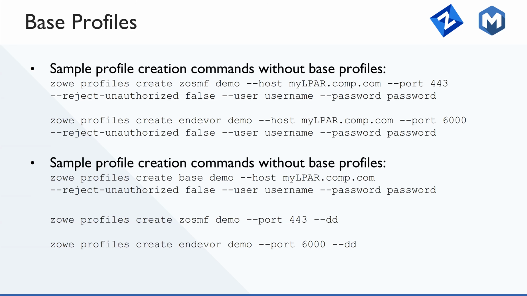But below, I show that I could specify most of that information just as part of the base profile, and then specify only the different information in each one of my service profiles. It makes managing this information a lot easier because when you have to update things like username and password, I then only have to update one profile rather than 10, 20, 30 profiles, depending on how many services you may be interacting with.